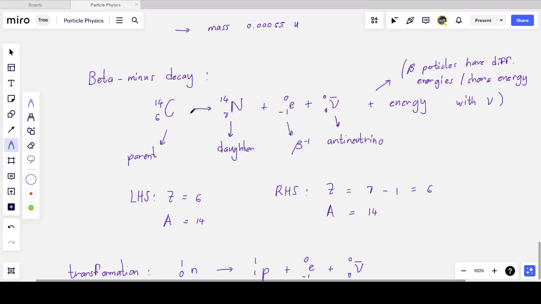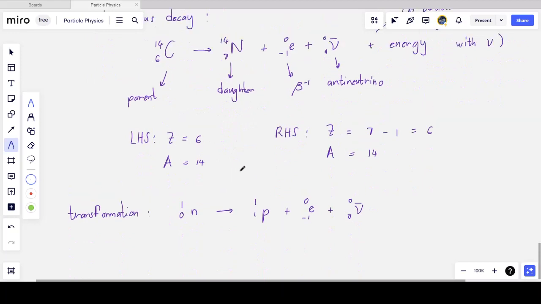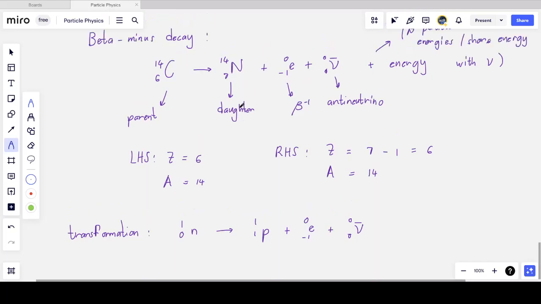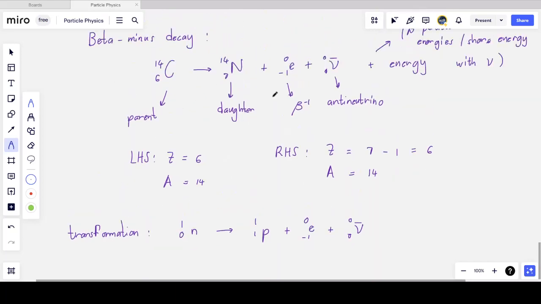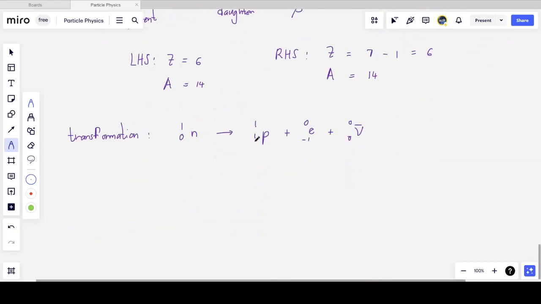And so a neutron in the carbon is becoming a proton in the nitrogen, plus an electron and an antineutrino, and a little bit of energy. So that's the actual transformation that happens on a very small scale. It's confusing, but this is the way particle physics works.